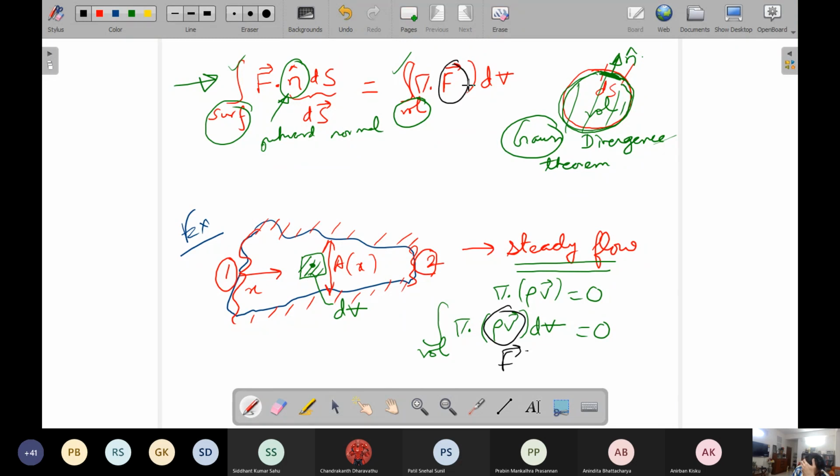So you can clearly see that the right hand side is this one. So from the divergence theorem, we can clearly say that this is as good as F dot this one is equal to 0. So this is from the divergence theorem.